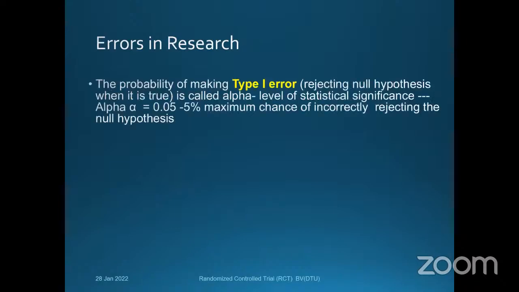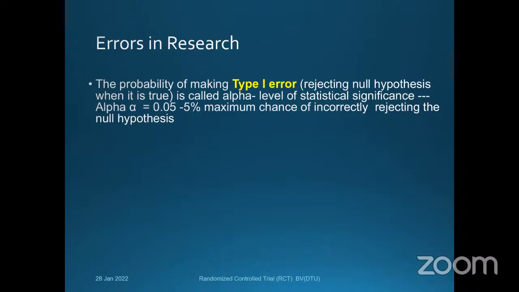And the errors in research: the probability of getting a false positive, rejecting the null hypothesis when it is true, is a type 1 error, called alpha. The level of statistical significance in calculation is 0.05.